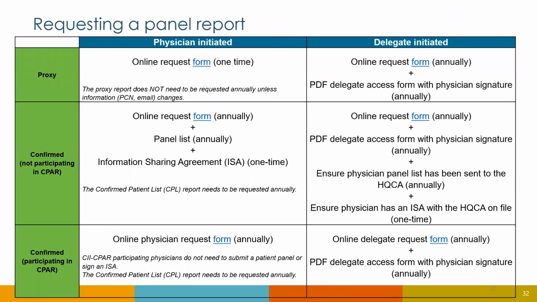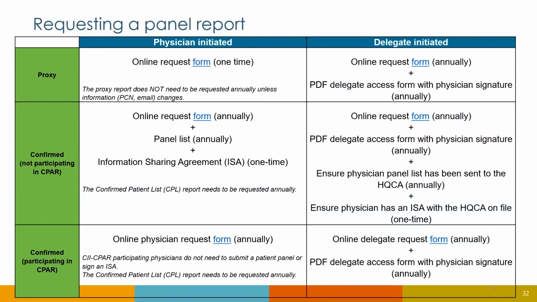Perfect. And so in this, some of the questions we get regularly is, well, how do I request a panel report? And how does that process differ if a physician wants to request it directly, or if perhaps you as a delegate would also like to access the report and would like to have the physician's permission? So let's start actually from the very bottom, because this is probably where this audience is.